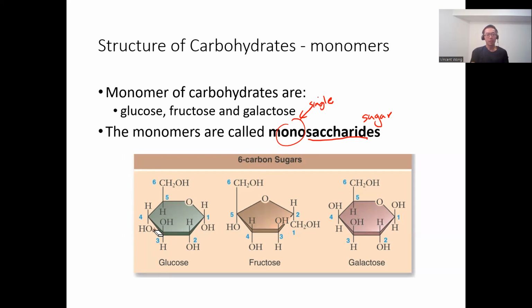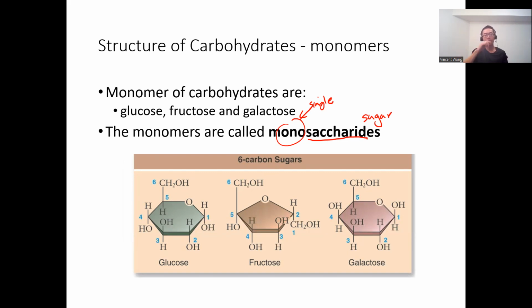But you can see the chemical structure is a hexagon, like a couple of slides earlier. It represents something like a glucose molecule. So glucose looks like this, fructose looks like this, and galactose looks like this. So these are the monomers.